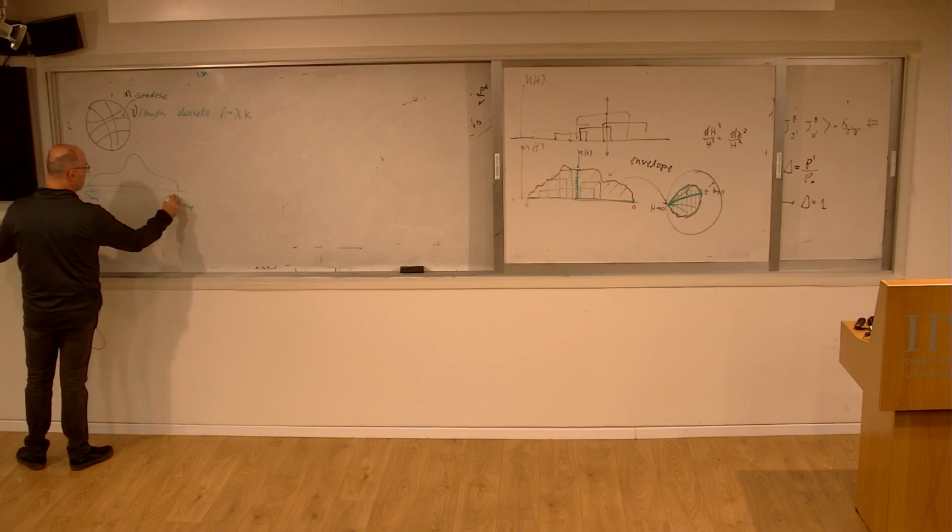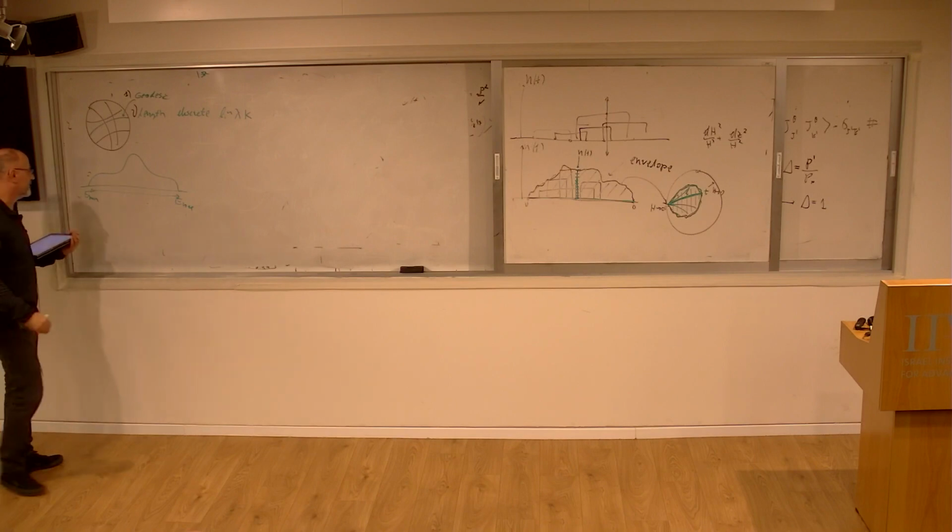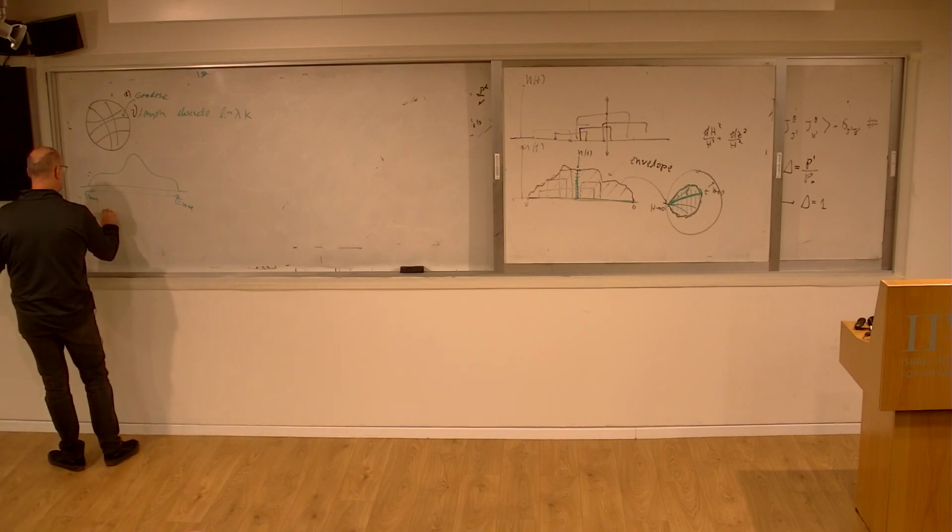So there's a finite range of energies, okay? So suppose I have a system with a finite range of energies. That basically means that it's defined on some discrete lattice.